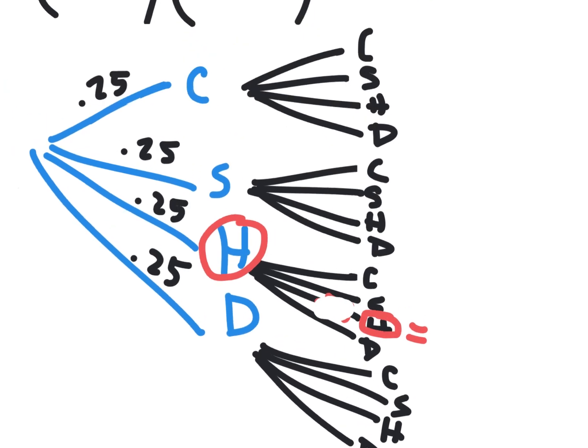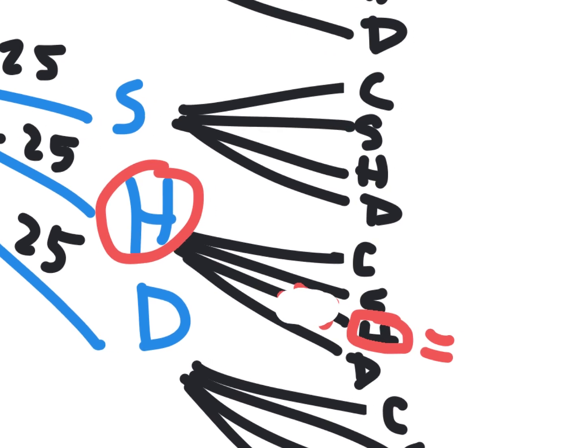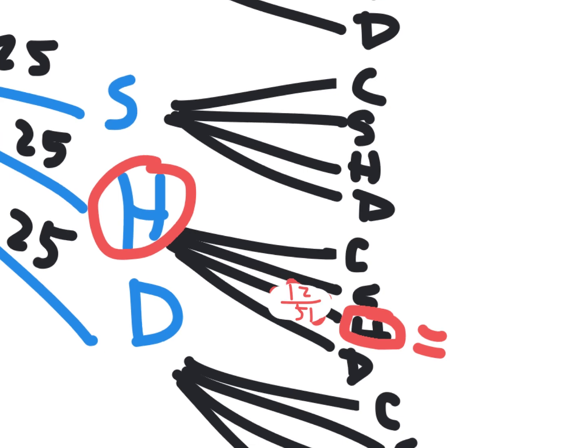So this is less hearts, specifically 12 hearts out of, and there's less cards too, 51. So I'm going to go 0.25 times 12 over 51. I'm going to put my fraction in parentheses. Let me just show you.